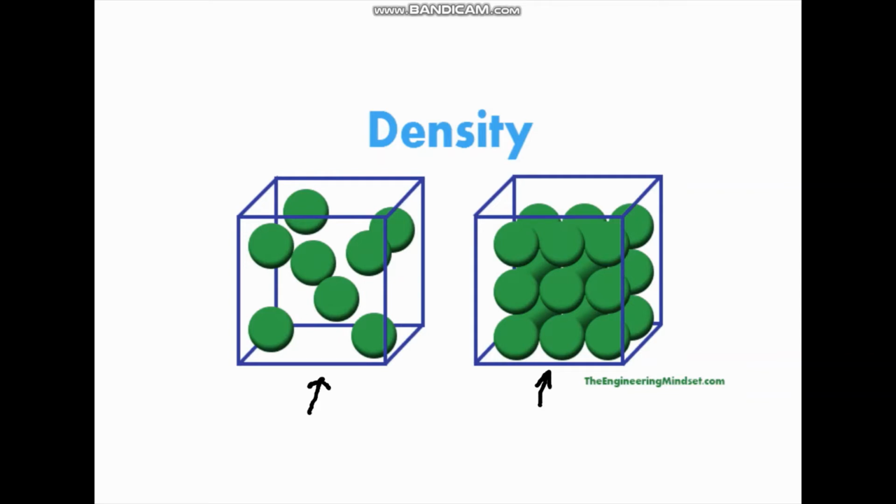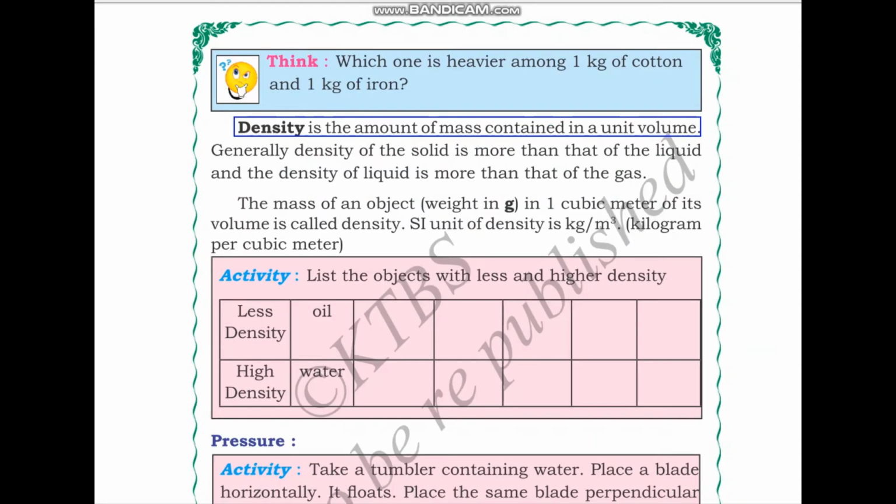So if you have placed fewer particles in an object and there is more distance between them, then it is called less density. And if there is a dense distribution of particles, that means there is less distance and more number of particles. Density is the amount of mass contained in unit volume.